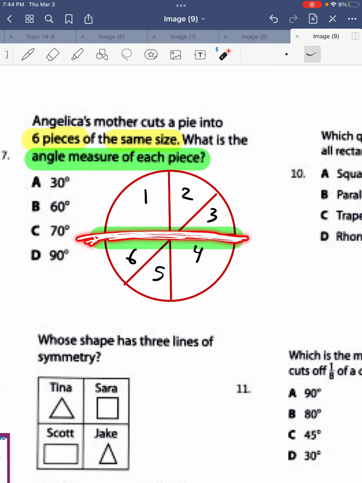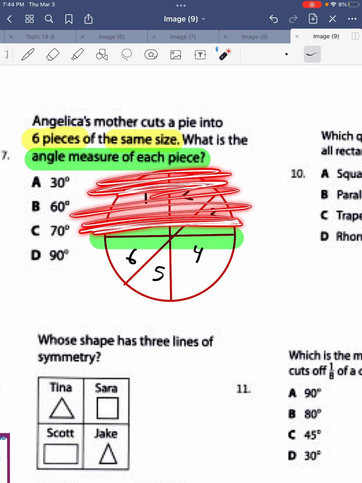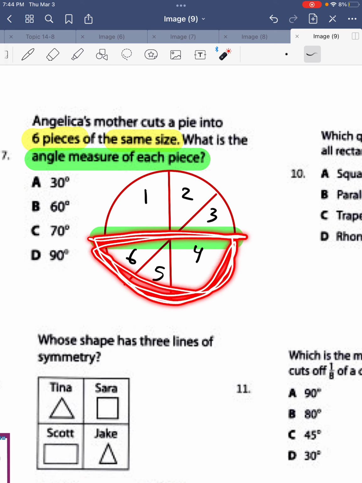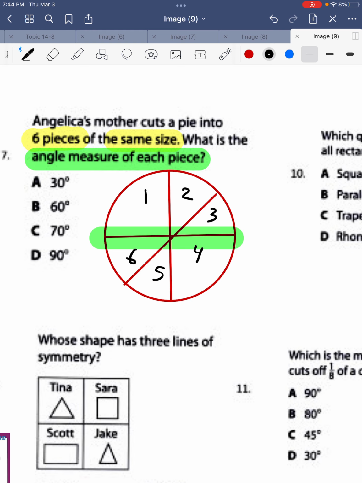So I know for a fact that half of my circle is going to measure 180 because I have a straight line in the middle. So I know this whole angle is going to measure 180. I'm going to label this.